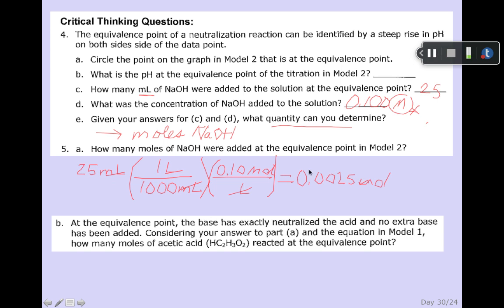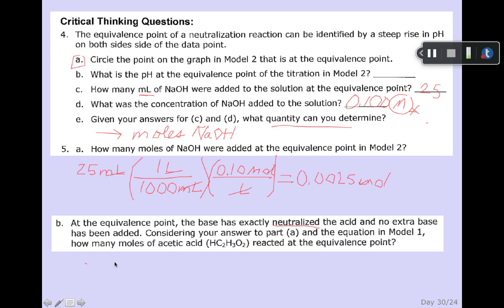The next question then, at the equivalence point, the base has exactly neutralized the acid. That's what titrations are for. And no extra base has been added. Considering the answer to part A, the equivalence point there, and the equation in model 1, how many moles of acetic acid have reacted at the equivalence point? Well, the point is that's where you have actually exactly neutralized.